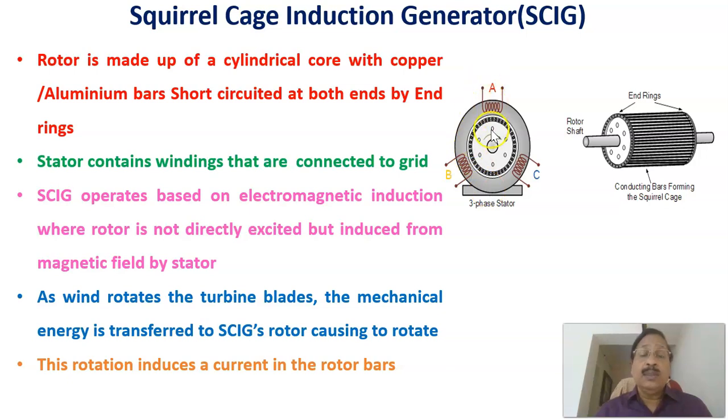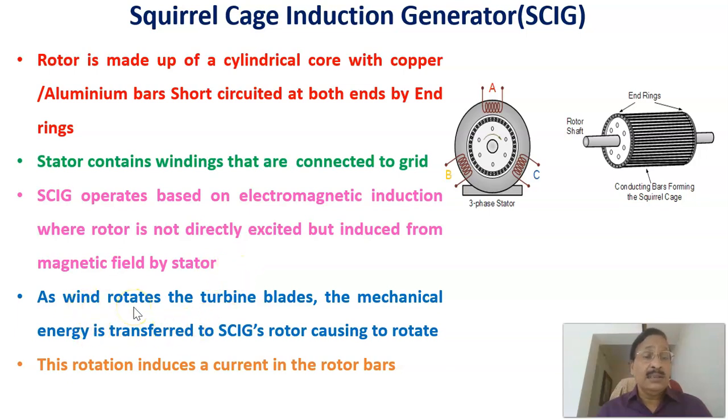When the stator is directly connected to the grid, it induces a magnetic flux, and the rotor is rotated. Cutting that magnetic flux, a voltage is induced that drives a current through the rotor bars. Therefore, the rotor is not directly excited but induced from the magnetic field by the stator.